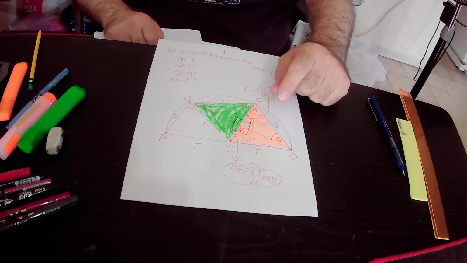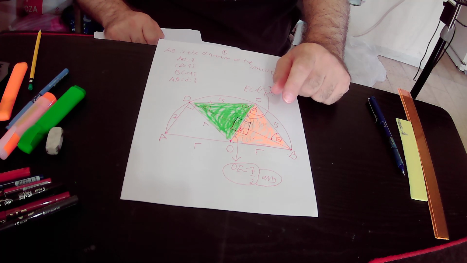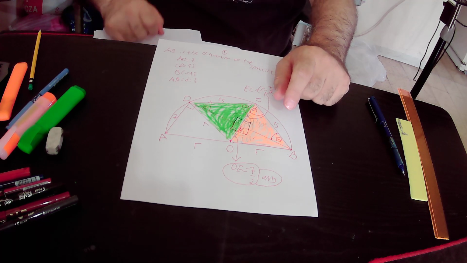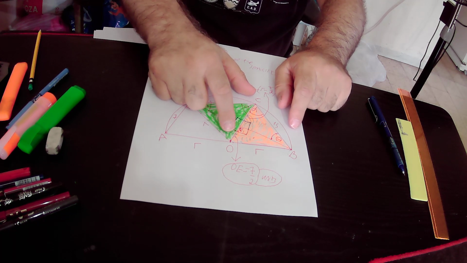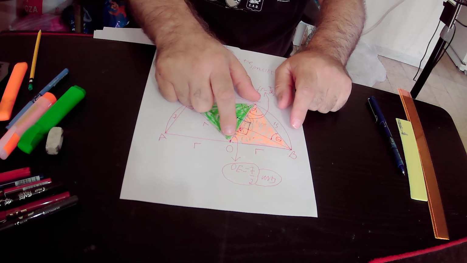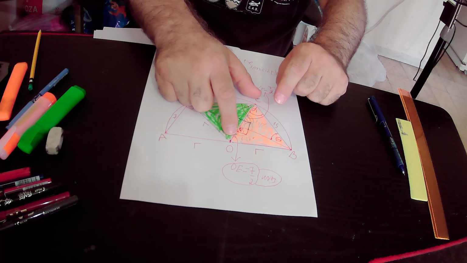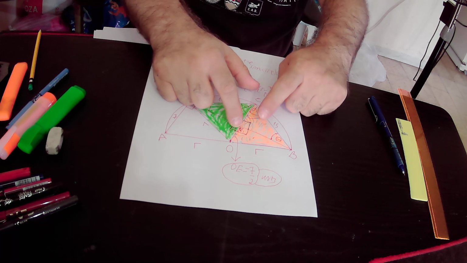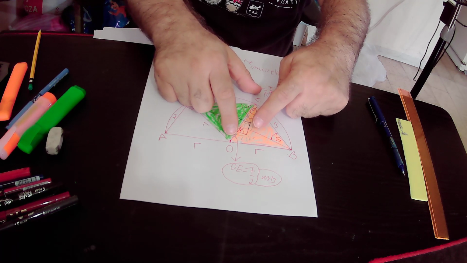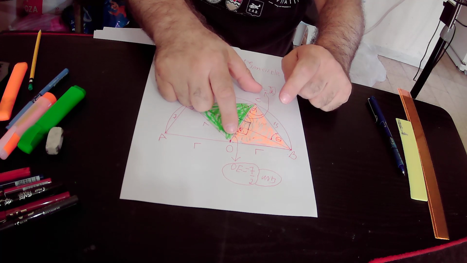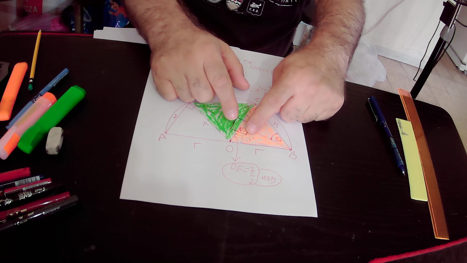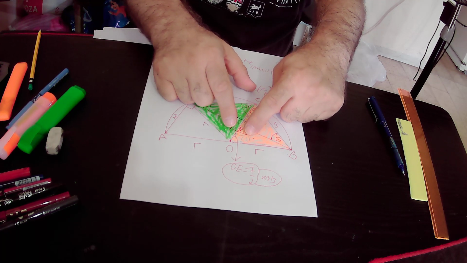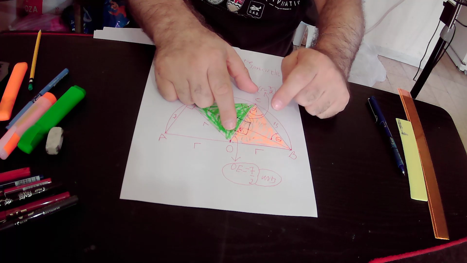And again, we have the rule of a straight line, that along a straight line, if we focus only on one side of the straight line, and at a certain point, the sum of the angles equals 180 degrees. That is to say, 90 degrees plus this angle must be equal to 180 degrees.